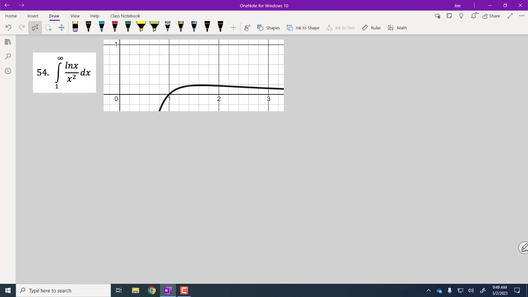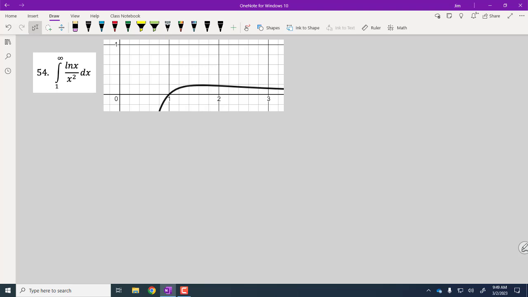And the question is, which one's going to win? If the x squared could go to infinity fast enough that the numerator going to infinity just doesn't matter, we'll still get convergence. If the numerator was a constant, obviously it would converge because the constant's not going to affect the rate at which x squared goes to infinity in the denominator.